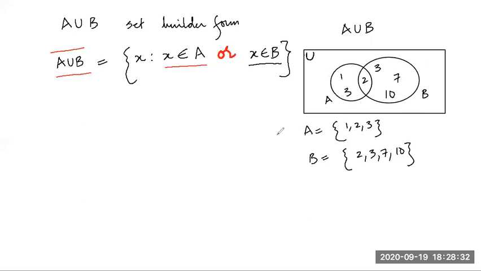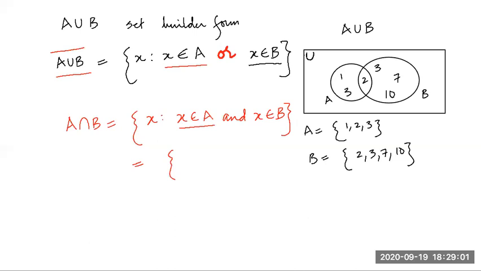But if I write intersection here, A intersection B is the set of all x such that x belongs to A and, and it's important, x belongs to A as well as x belongs to B. What does that mean? So what will be the set?